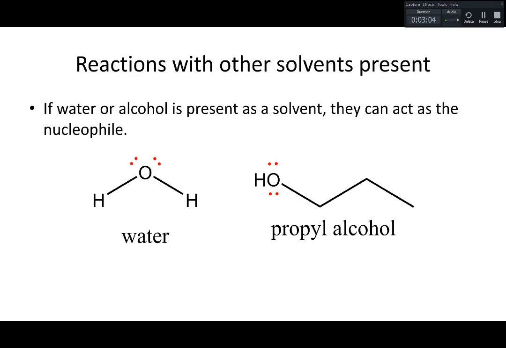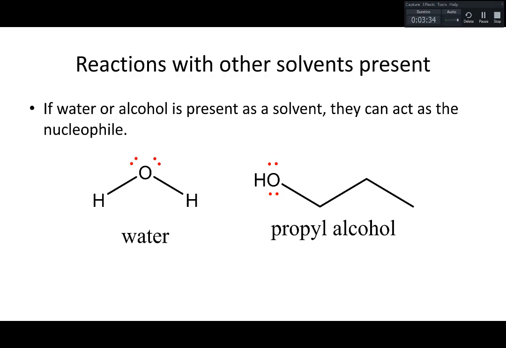What we're going to do in this case is create another nucleophile in the reaction by using water or alcohol as the solvent. And because it's the solvent, it'll be in high concentration, and as a result, it will act as the nucleophile instead of, let's say, a chloride ion or some other anion, which is normally the nucleophile in the reactions that you've just seen.